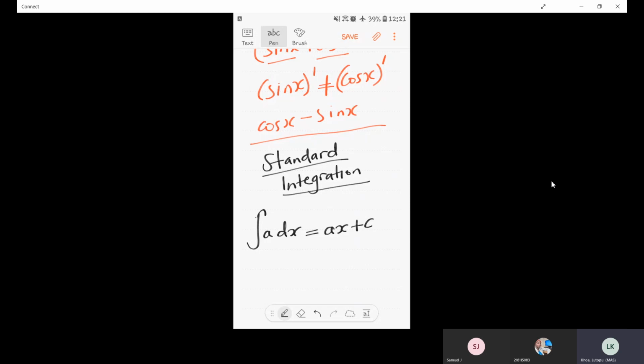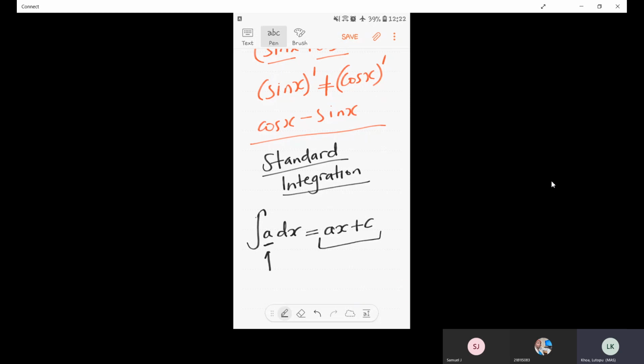This makes sense because if my gradient is a number, it means my graph is a straight line, because a straight line is the function that has a constant gradient. At every point on your straight line, the gradient is the same.